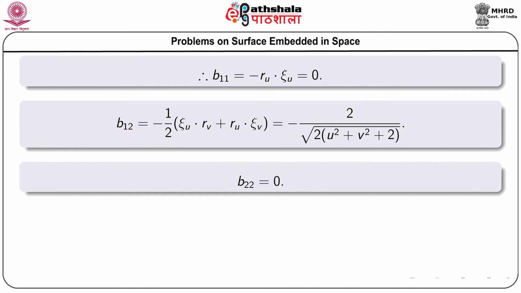And similarly, we can find B22, that is the dot product of Rv and xi v, and that will also come to 0. Anyone can calculate this by taking the partial derivative of xi with respect to v and then performing the dot product with Rv. B22 will come 0.